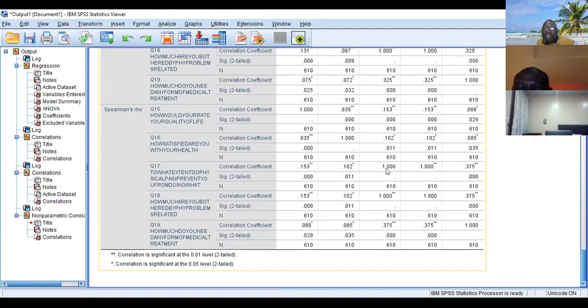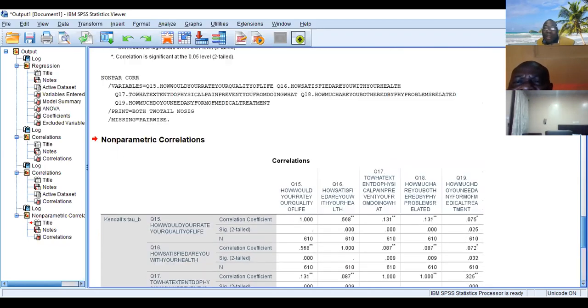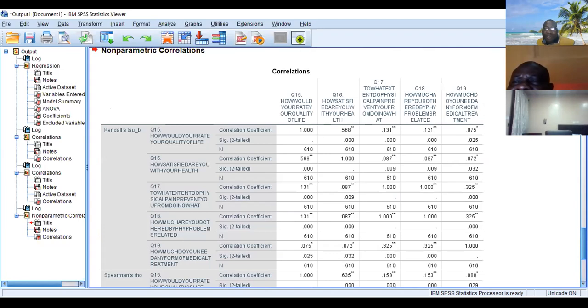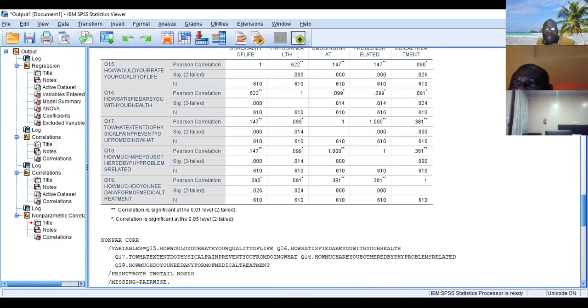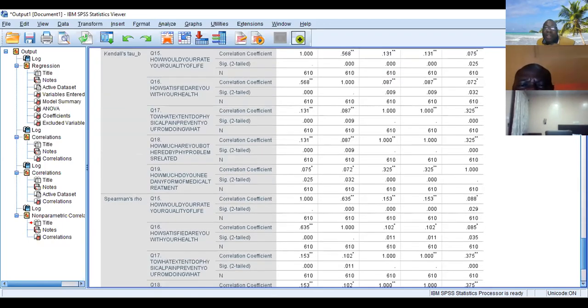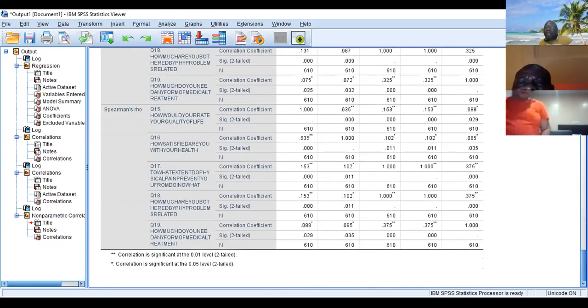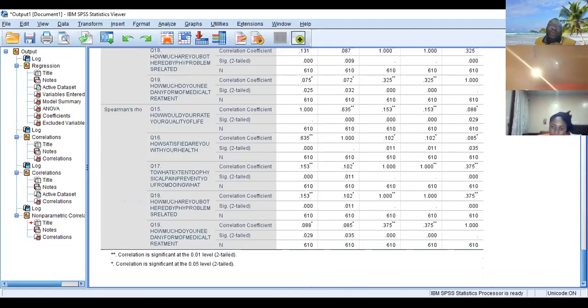Look at it. No, hope is not the diagonal you are looking at. Okay, it's not the diagonal. Okay, I think we can proceed. The Spearman is the same.